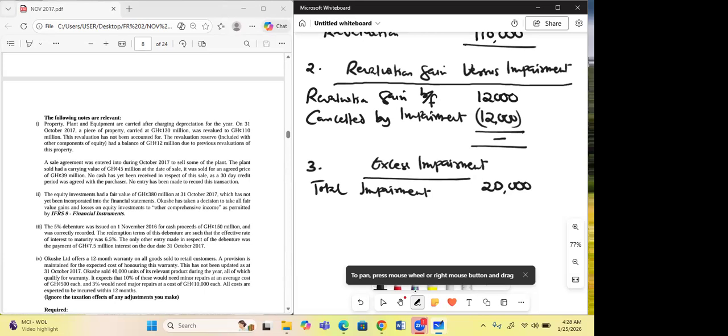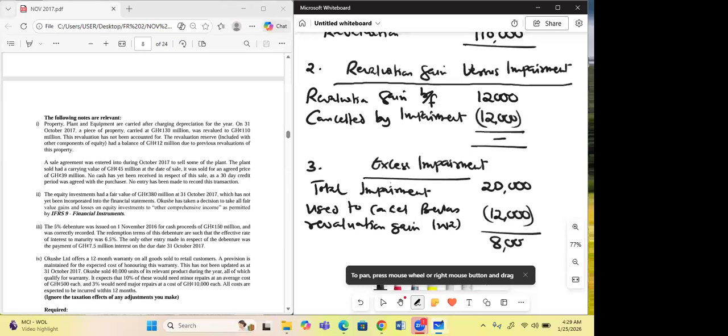So let me put it here: used to cancel previous revaluation gain in working 2. That's 12,000. So with the 12,000 I used to cancel, I'll be left with excess impairment of what? 8,000, which I'll send to what? P&L. Is that clear? Yes, sir.